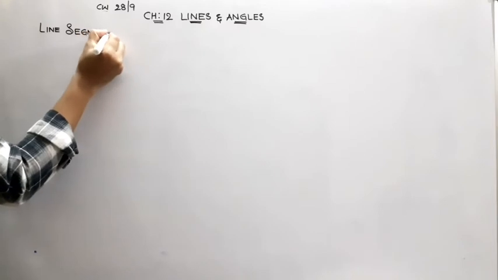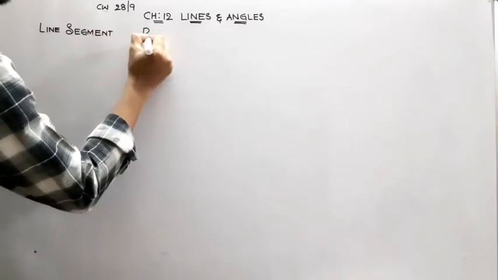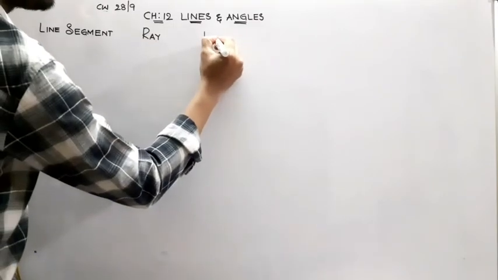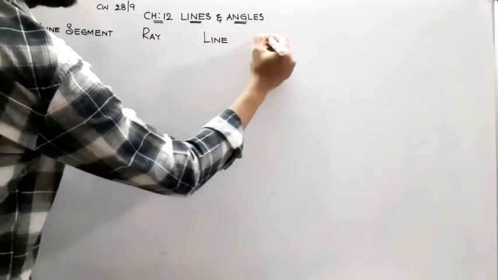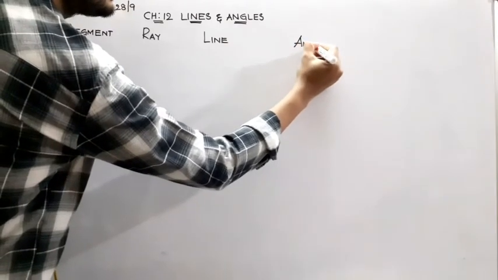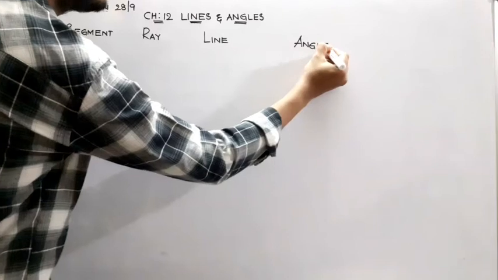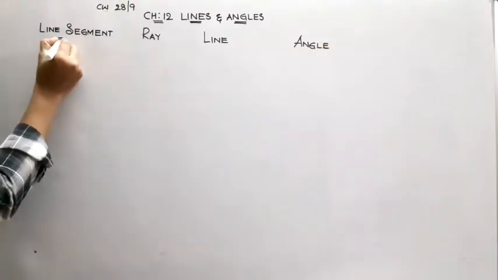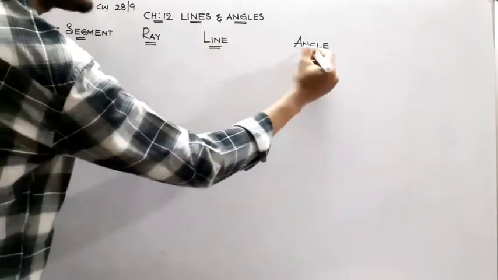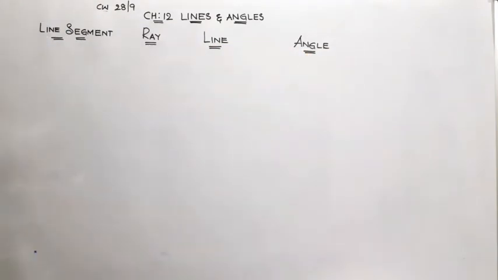And next is ray, and next is line, and the last one is angle. As each individual has its own connection, they are to be discussed in order. So first one is line segment, second one is ray, third one is line, and the last one is angle. So let us start with line segment.